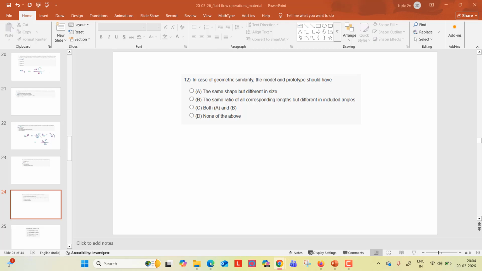Geometric similarity means that all corresponding linear dimensions have the same ratio. That means the same shape should be there but in different size. So suppose this is the smaller version of a product, so this has to be the bigger version of the product. The angle also should be included.